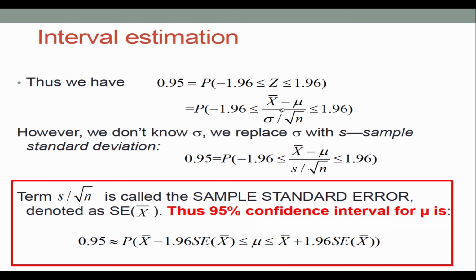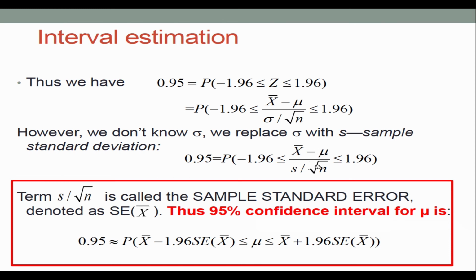Because this is standard normally distributed, the probability for this quantity between -1.96 and +1.96 is 95%. In this formula, sigma is the population standard deviation. We don't know it, so we replace sigma by S, the sample standard deviation. Then we get this equation.